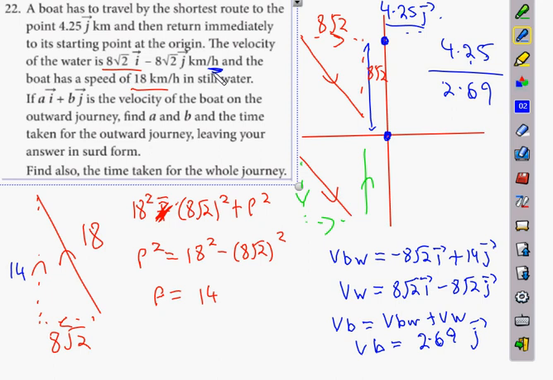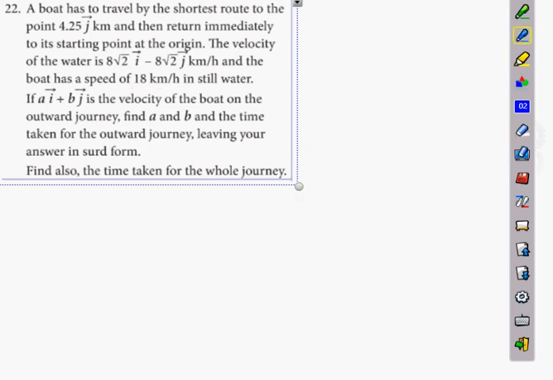Okay, going to get rid of all this. 1.58 hours. That is when we went upwards and we wanted to go straight up and our motion was opposing the current. Would you agree with that?